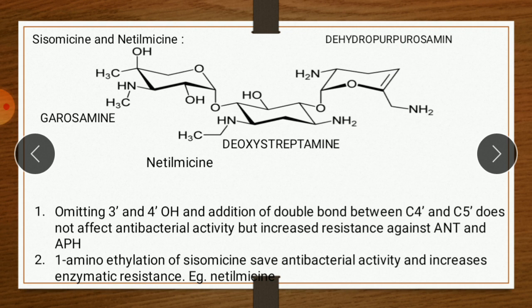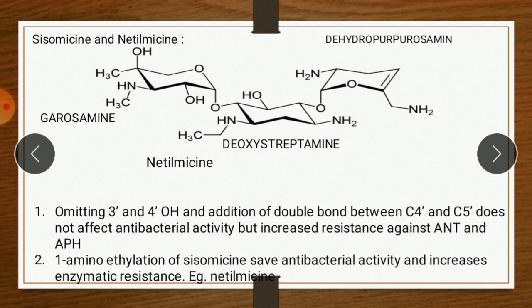So if we remove the 3 and 4 hydroxyl groups, which are present in kanamycin, as in Sizomicin and Netilmicin, and there is a double bond between carbon 4 and carbon 5, it does not affect the activity but increases the resistance. The main target of ANT and APH enzymes is the hydroxyl group, but here there is no hydroxyl group on this position, therefore this drug shows resistance against ANT and APH.